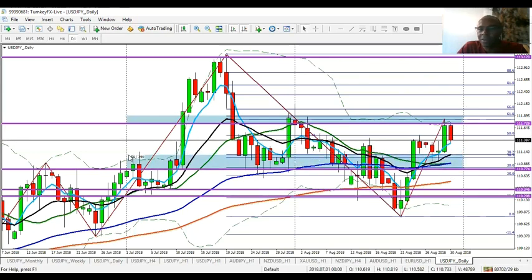All right, so 38.2, this is a resistance zone. Here we have a little zone between these two, so we're going to draw another rectangle between the outer band and the 100 moving average. Boom, another zone right there.